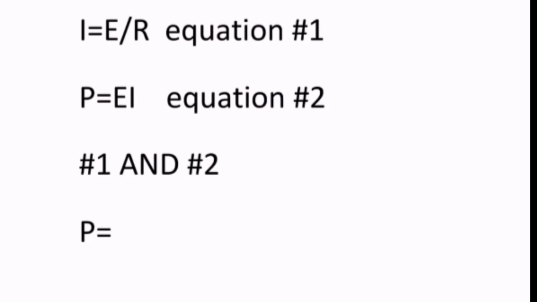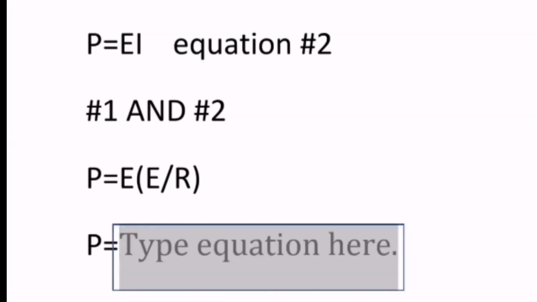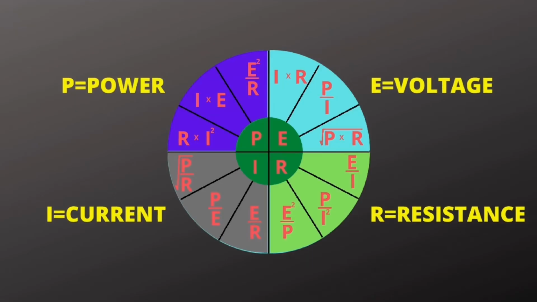So again, we use equations 1 and 2. Just substitute formula number 1 into the power formula. So we have P is equal to E times E divided by R, so P is equal to E squared divided by R. Guys, you can find the formula in the upper left portion of the formula wheel.